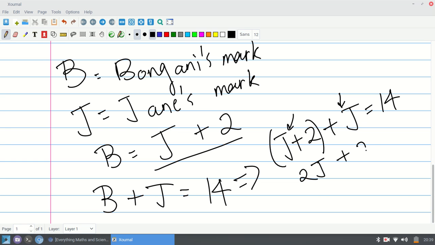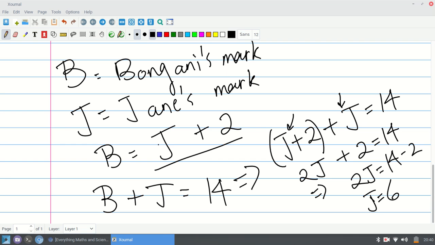So 2J plus 2 equals 14. So that must mean that 2 times J equals 14 minus 2, because I moved 2 to the other side, or in other words, I just subtract 2 from both sides, and I get 2J equals 12, because 14 minus 2 is 12, so J will equal 6.